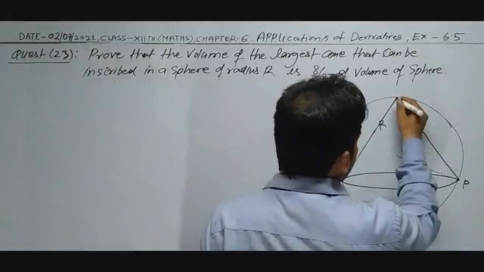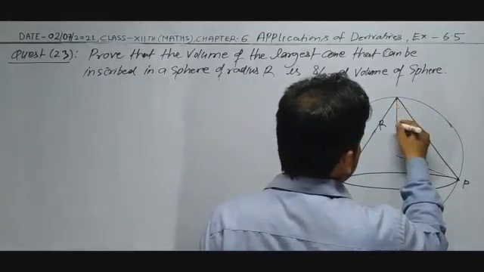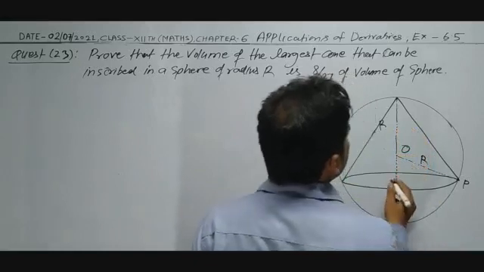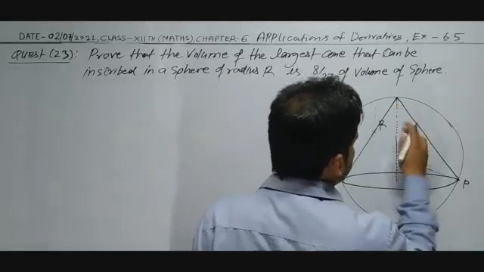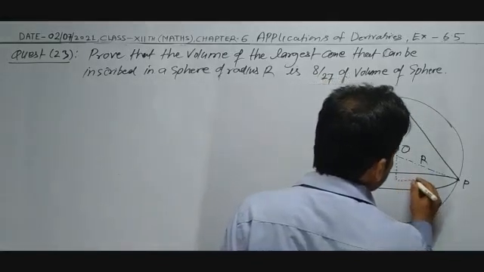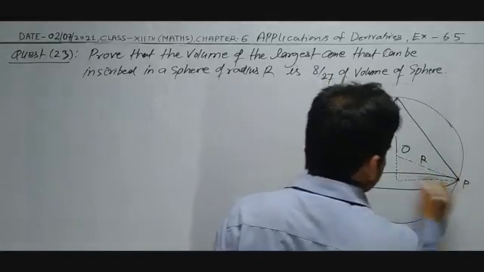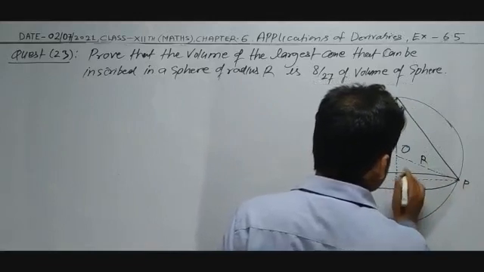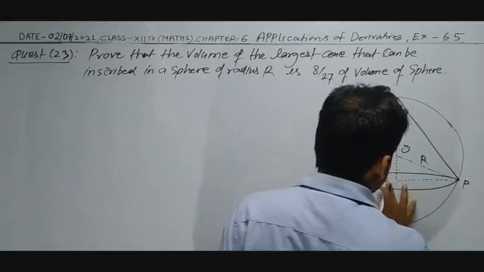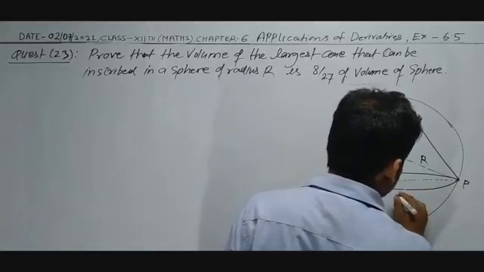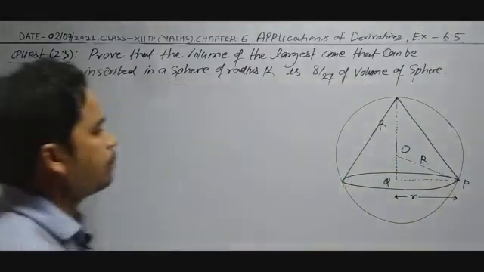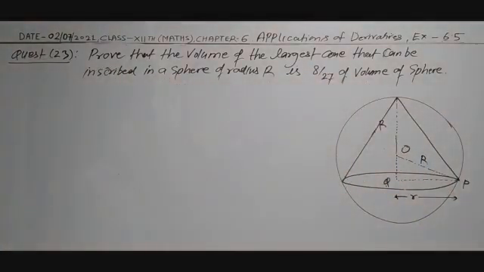Draw the perpendicular from the vertex. This is the perpendicular drawn from the vertex, and suppose small r is the radius of the base of the cone.